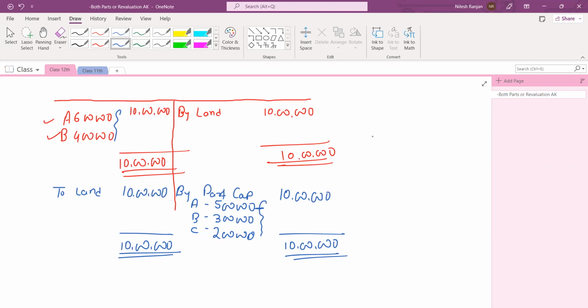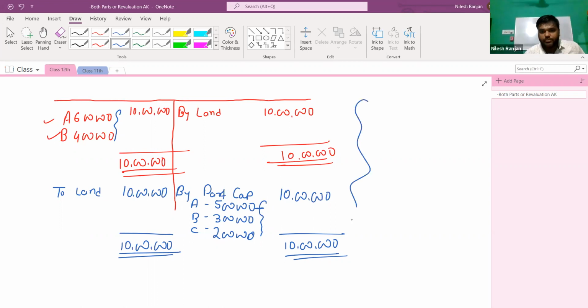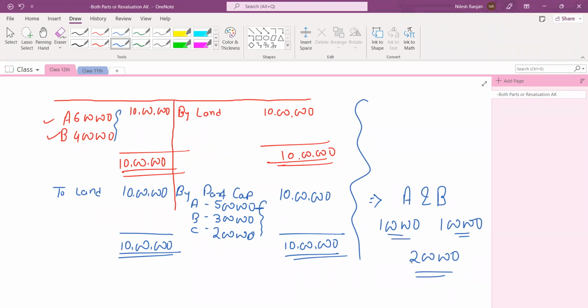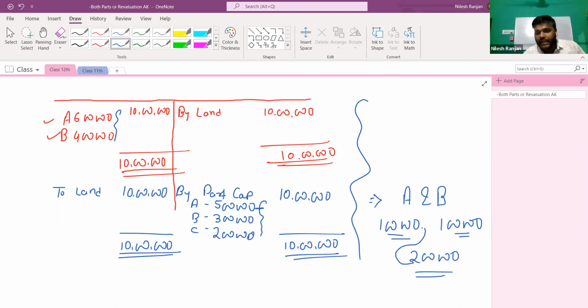So it is our method: the memorandum revaluation account is prepared to compensate A and B. A is in profit of 1 lakh and B is in profit of 1 lakh, and C is in loss of 2 lakh. It means C is giving 2 lakh to A and B, 1 lakh each.